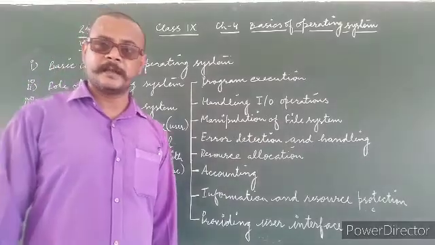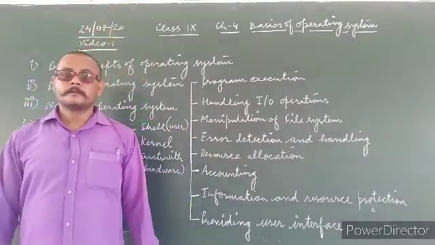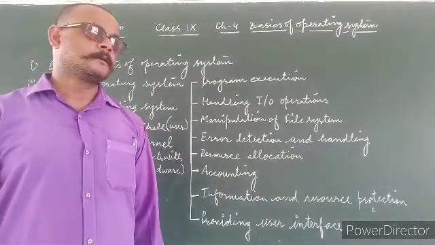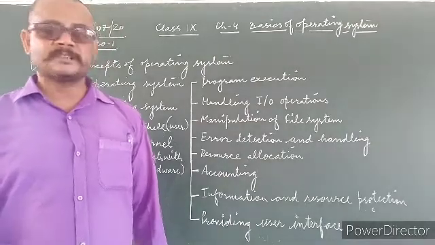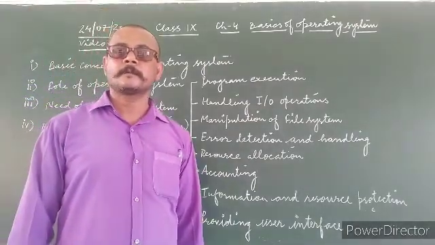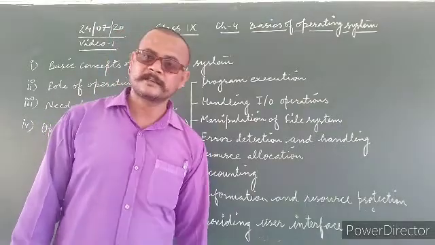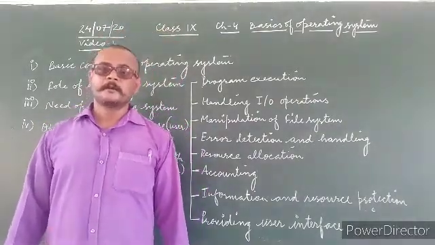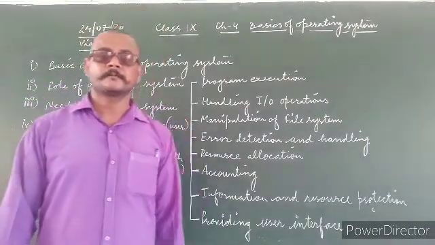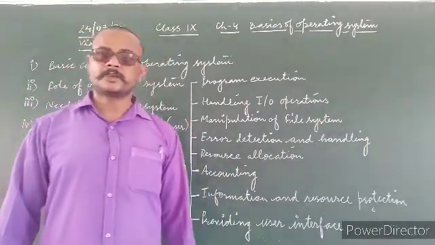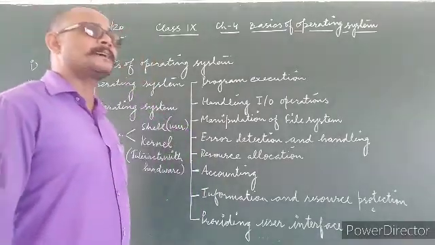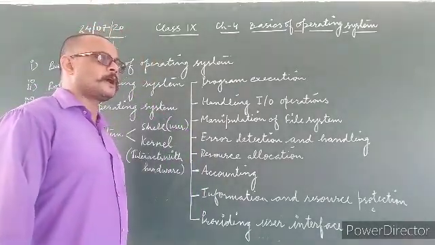In other words, for processing, the data is given to the computer, and for the processing of that data, the operating system is necessary, it is mandatory. The operating system is responsible to process that request, instruction, command. That is program execution.